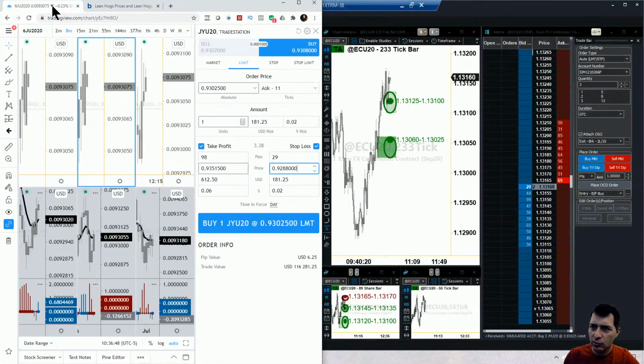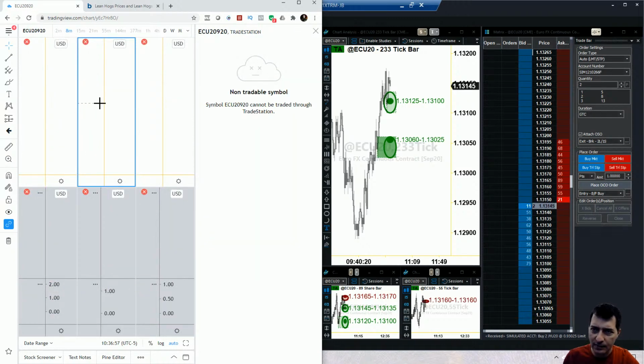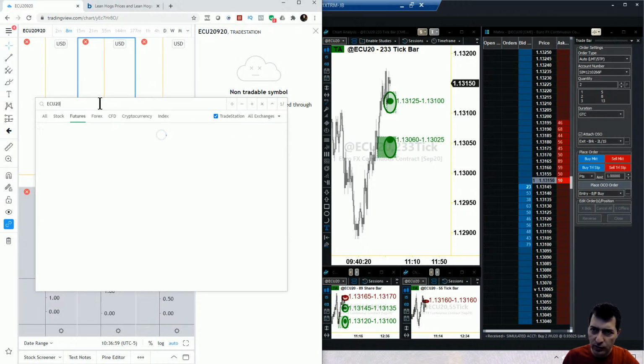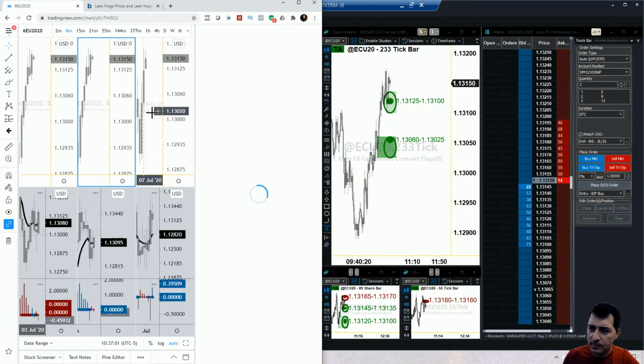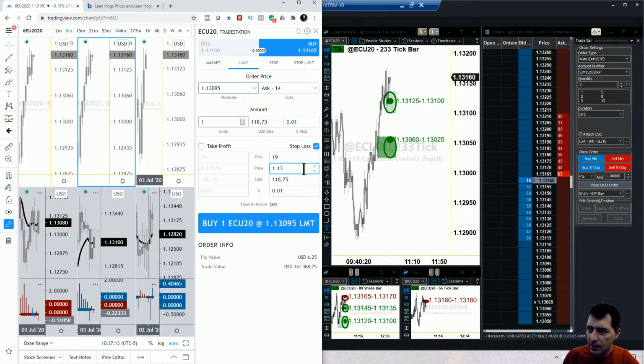Okay, so let me bring back TradingView so we can just input the parameters of the trade. So ECU 2020. I didn't type this right. ECU 2020. So we are going long. The entry price would be 0.95. Okay, and the stopping point would be 0.20, which is 1 tick below 0.25.